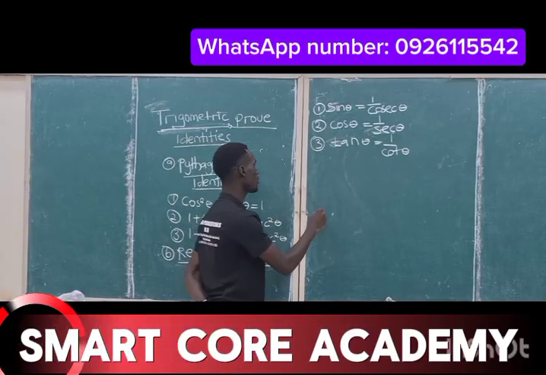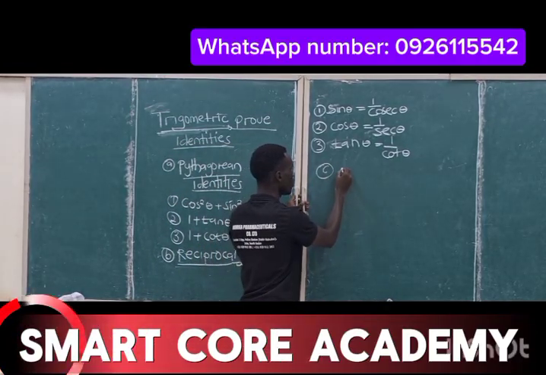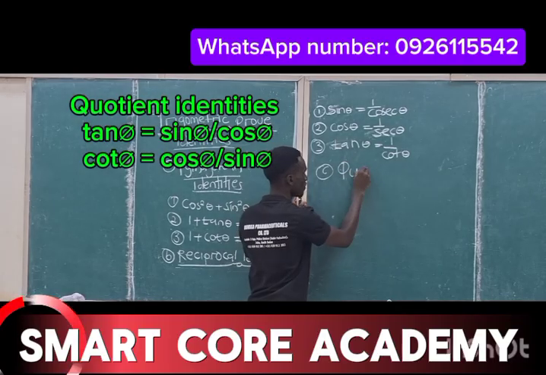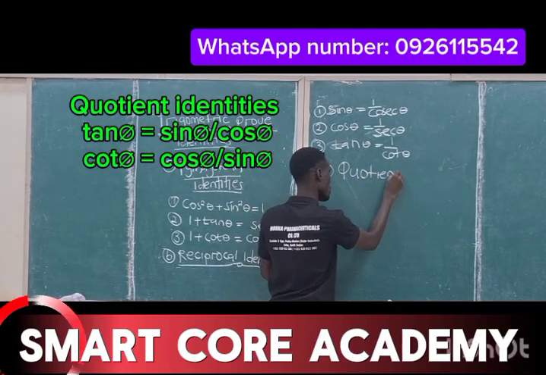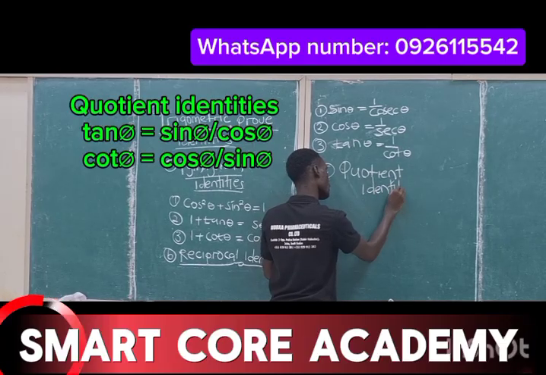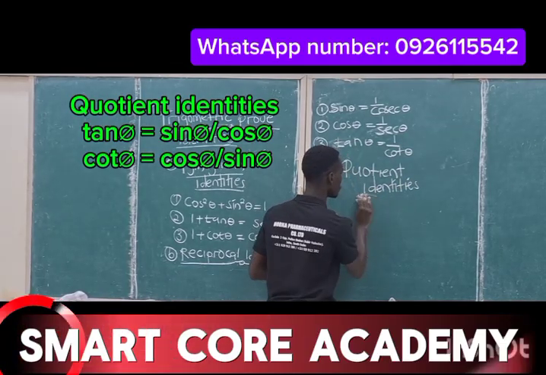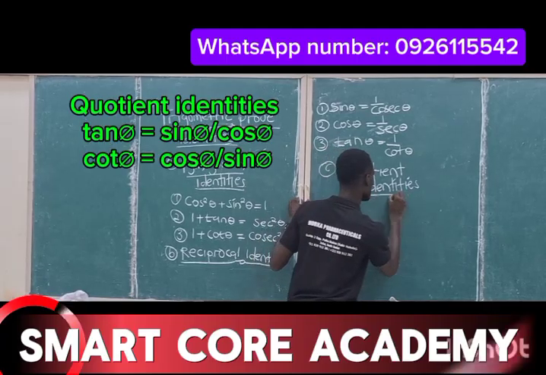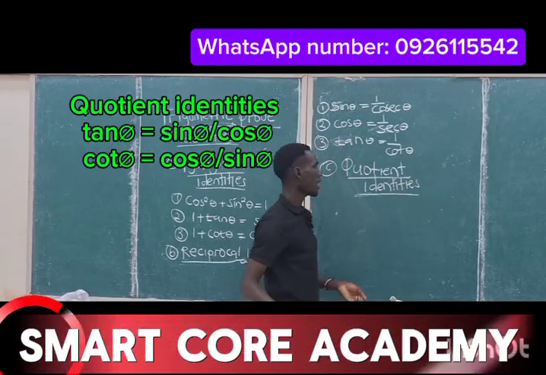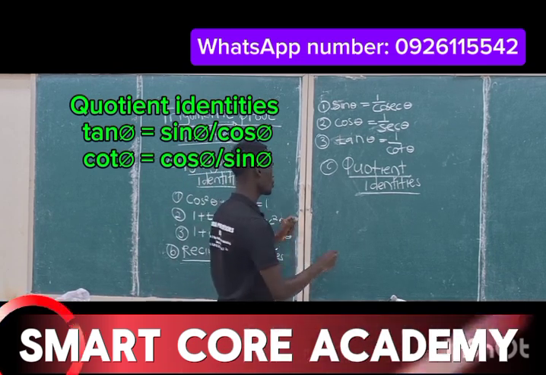And we go to the third one, that is C part of it. We call it quotient identities. Under quotient identities, we have 2 rules that we should follow.